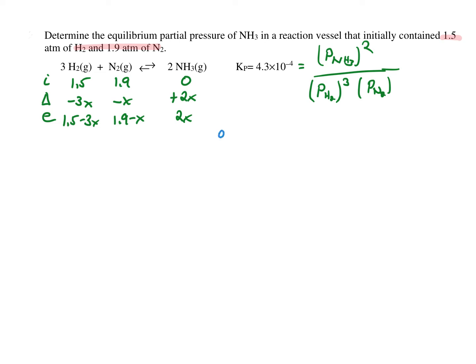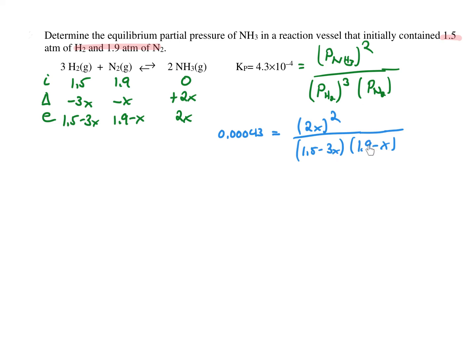Kp, which is 0.00043, is going to equal PNH3 squared. So that's 2x quantity squared. In the denominator, we have 1.5 minus 3x multiplied by 1.9 minus x.